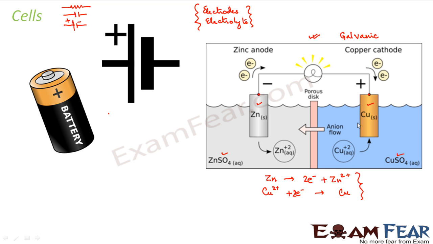So those kinds of differences will be there, but the basic functionality will still remain the same. This entire functionality arises because of the property exhibited by zinc and copper. So the choice of material of which the electrodes are made plays a very important role in the working of a cell, right?